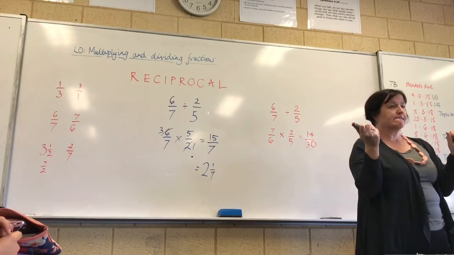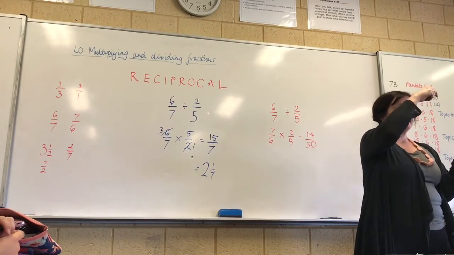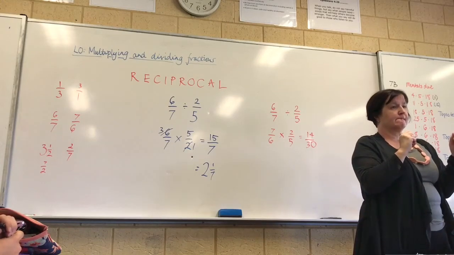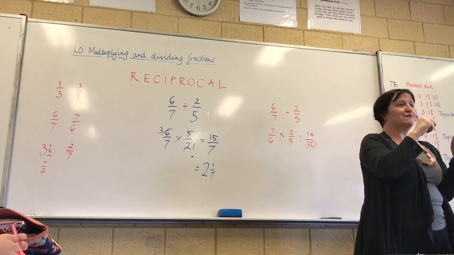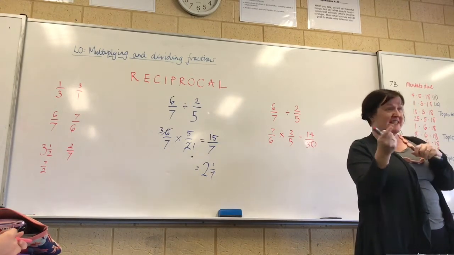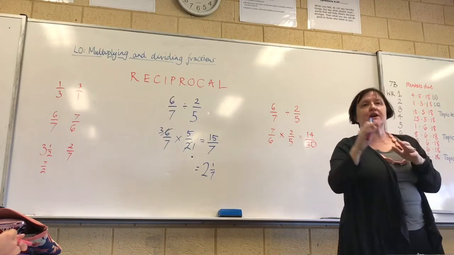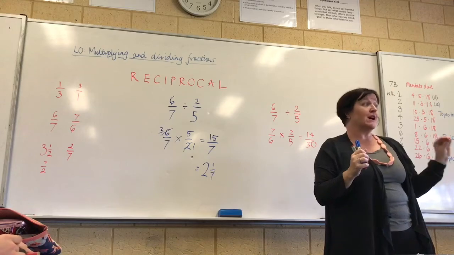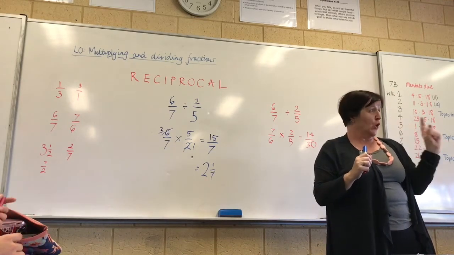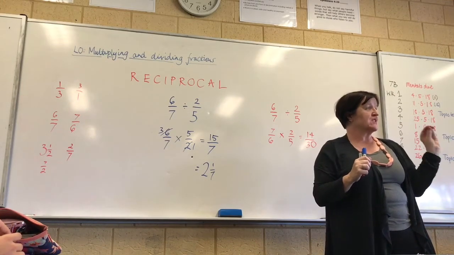Does it mean like 6 take 5 is the same as 5 take 6? Except it isn't, is it? 6 take 5 isn't the same as 5 take 6. But 6 add 5 is the same as 5 add 6. And 6 times 5 is, yeah. So addition and multiplication are commutative. Division and subtraction are not. The order in division and subtraction really matters.